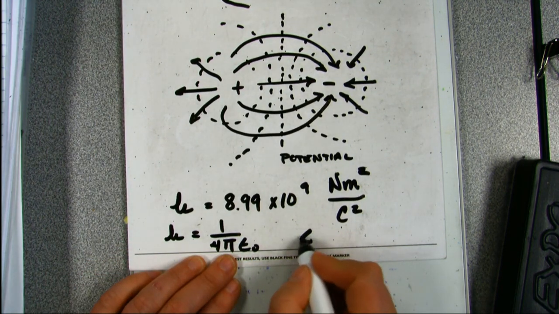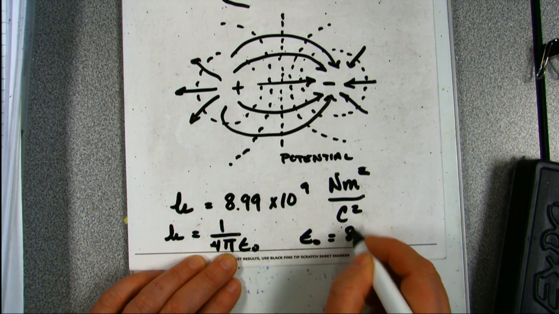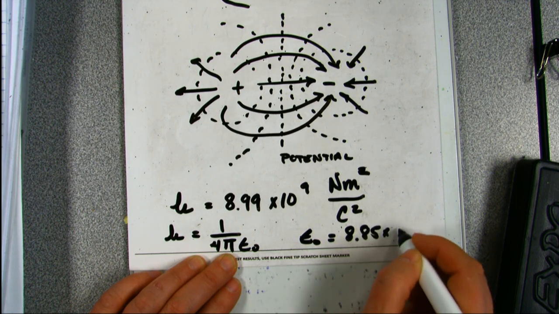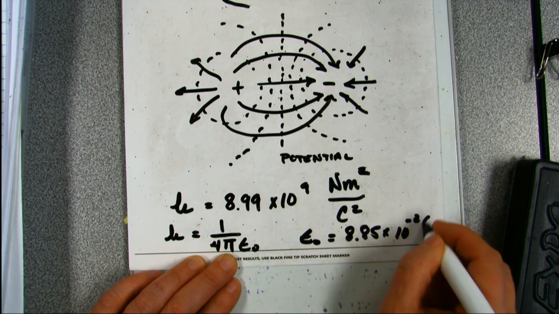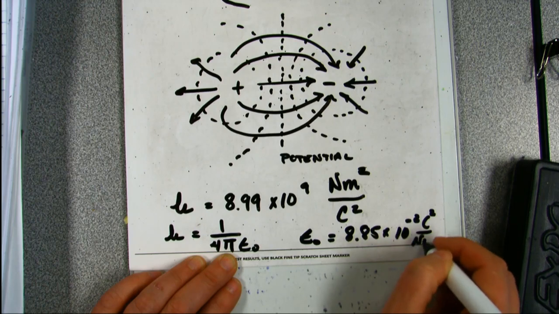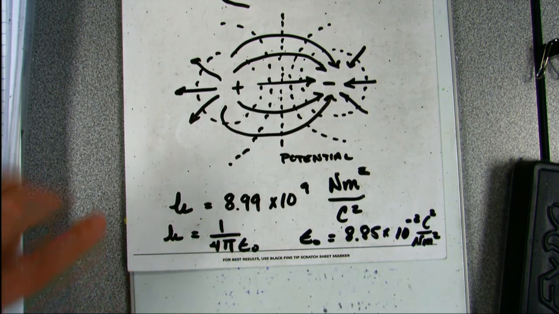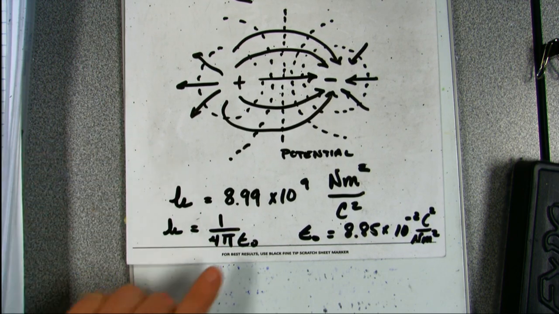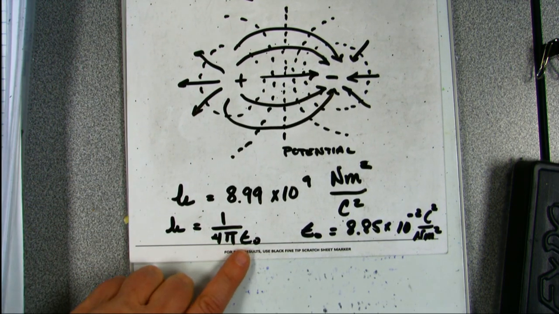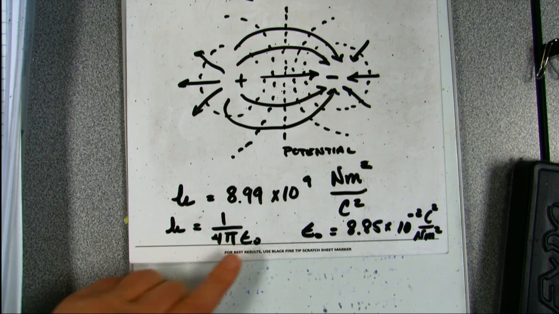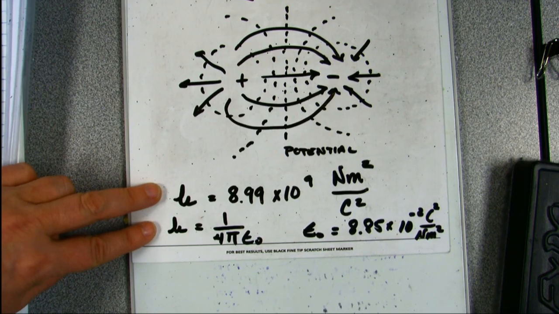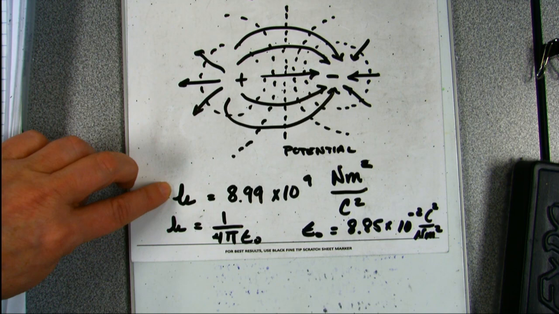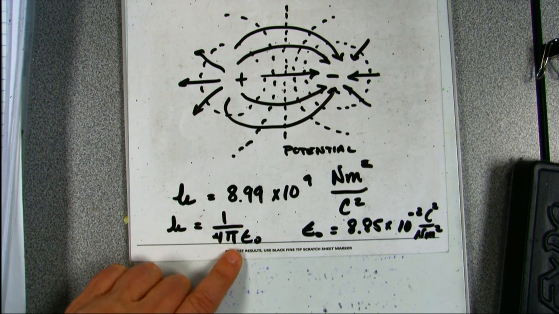And epsilon is equal to 8.85 times 10 to the minus 12 coulombs squared per newton meter squared. And depending on which book you pick up, they may be working in epsilons. We will work in epsilons more when we get to magnetism. But depending on which book you pick up will depend on how they write out Coulomb's law, whether they write it out with this k or they write it out with 4 pi epsilon.